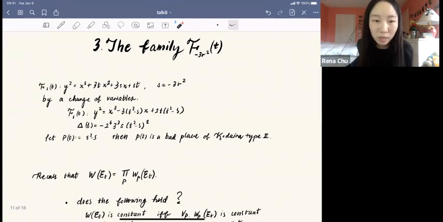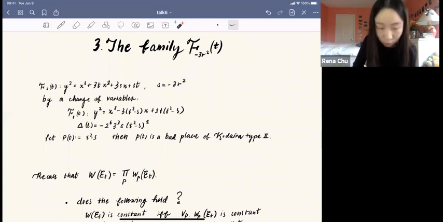Now what we want to do is compute the root numbers, and recall we had this formula for the root number. We want to be able to conclude that the left-hand side is constant for all t in Z. But how do we use the right-hand side to do that?